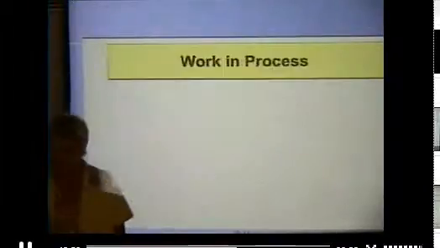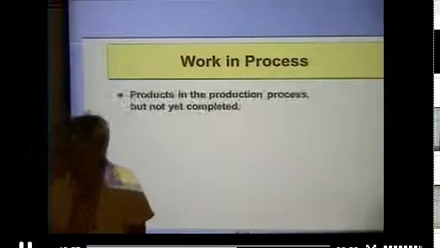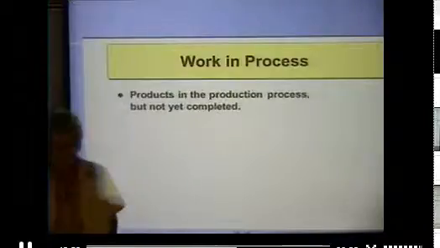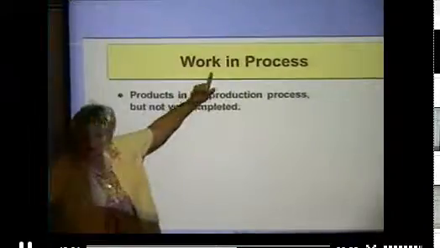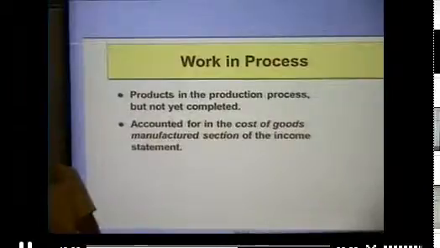Products in production process, but not yet completed. That's our work in process. Another inventory that we keep up with. And it's accounted for in the cost of goods manufactured section of the income statement. So our income statement is going to include the cost of goods manufactured.